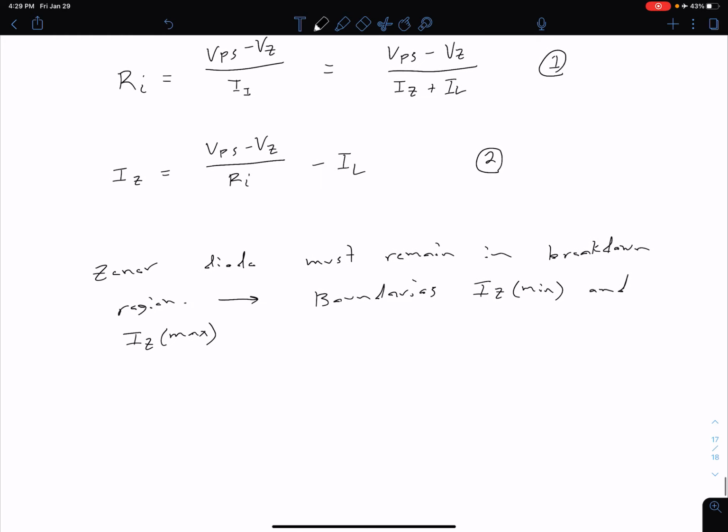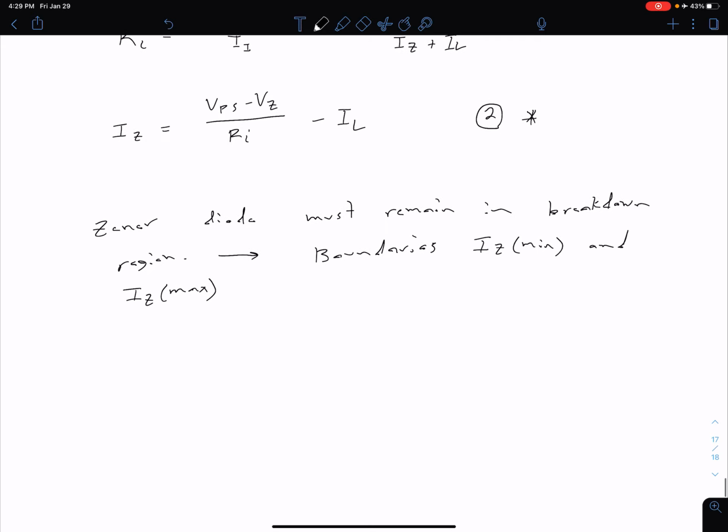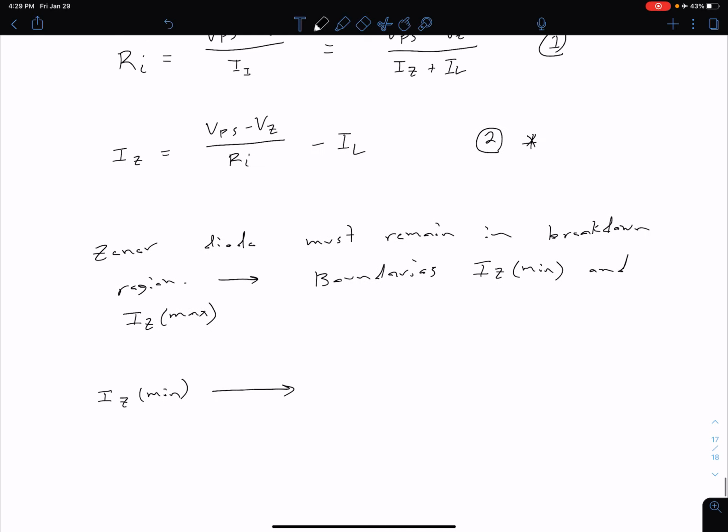So now let's consider those two boundaries in the context of equation 2. Let's consider our IZ min first. If we want a minimum Zener diode current, looking at this equation 2, if we want this to be small, we want our VPS to be small, and we want our IL to be large because we're subtracting that.